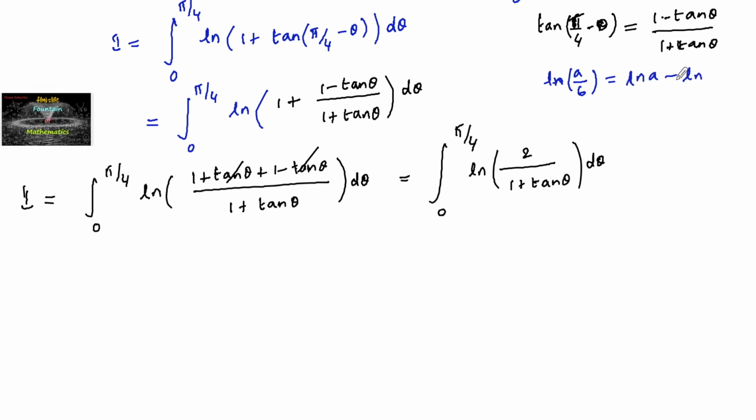So which equals, we can write integral 0 to π/4 of log 2 dθ minus integral 0 to π/4 of, let me separate that, log of (1 + tan θ) dθ.